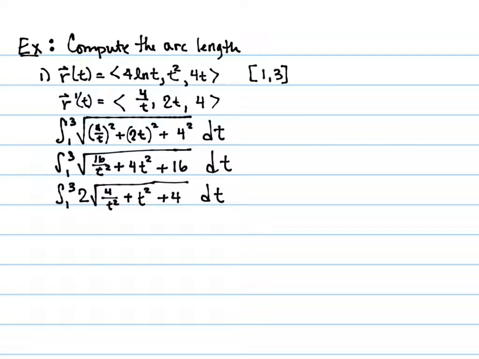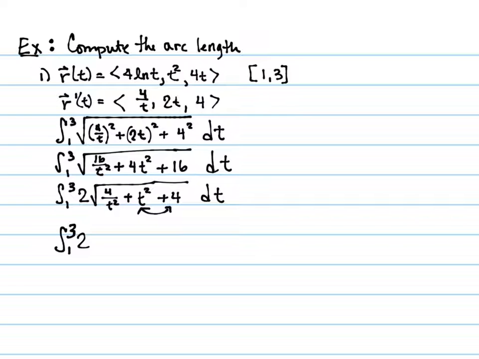This one has some nice square looking components, so it sort of begs the question of, can I factor it? Jubal's saying no, but the answer is yes. Actually, it is. I'm going to rewrite it slightly to be able to see that it's able to be factored. If I switch the locations of the t squared and the 4, it's easier to see how we can factor it. So the 2 in front, or we can put the 2 in front of the whole thing if you wish.